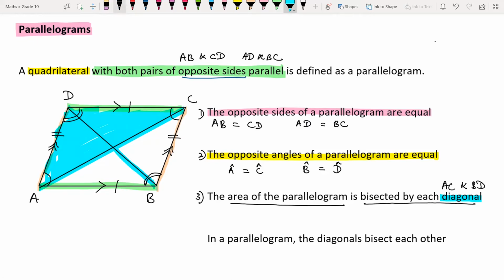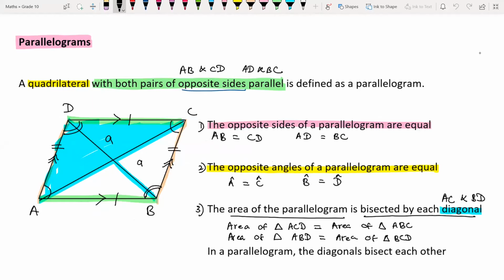If this area is, let's say, A, then definitely the area of the other part is also A. Therefore, the area of triangle ACD equals the area of triangle ABC. And on the other hand, the area of triangle ABD equals the area of triangle BCD. Right? So that's the third point that you should remember.